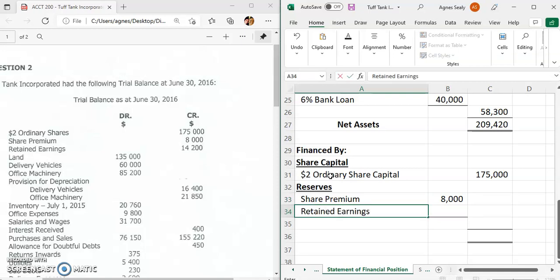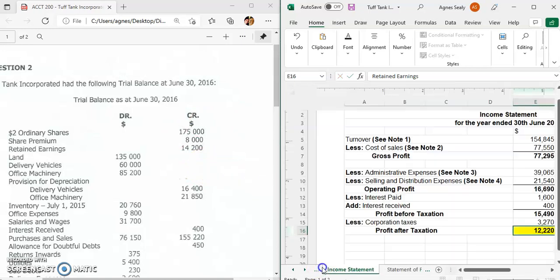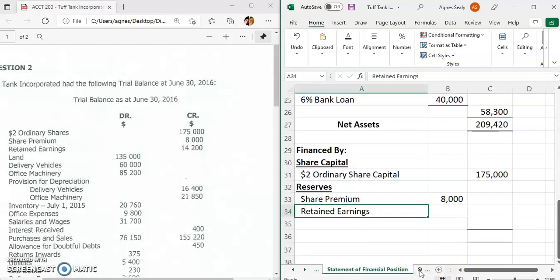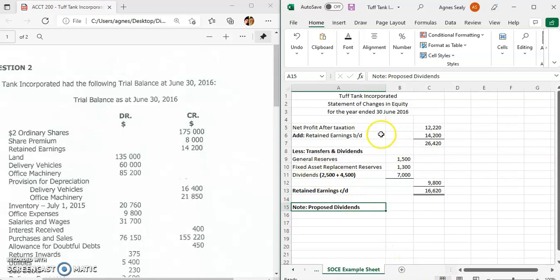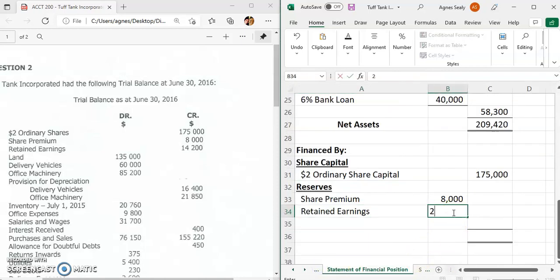And our retained earnings will not be just the $14,200, but our retained earnings will be $14,200 plus the profit that the company would have made of $12,220. And in our fictitious statement, we would have worked that out to be $26,420. So we can add that in, $26,420.